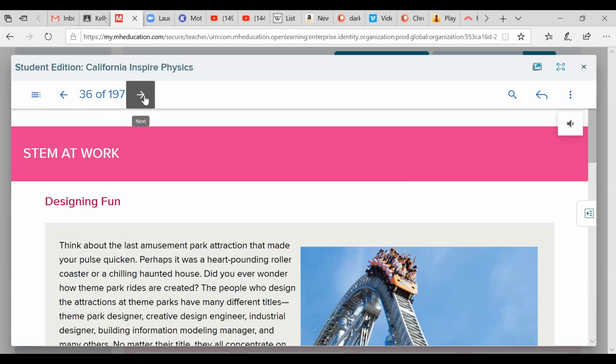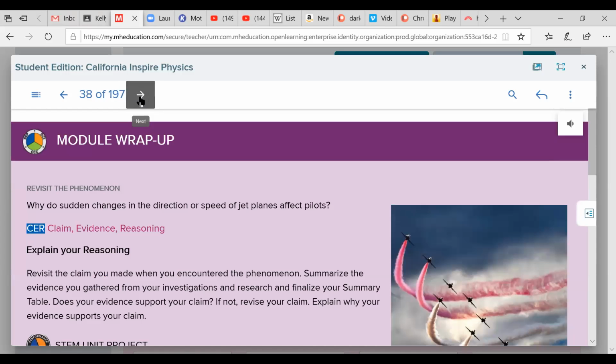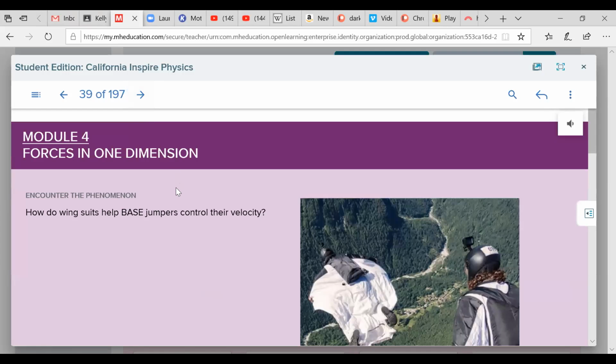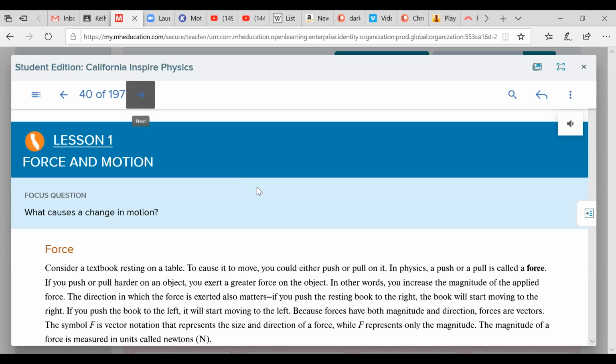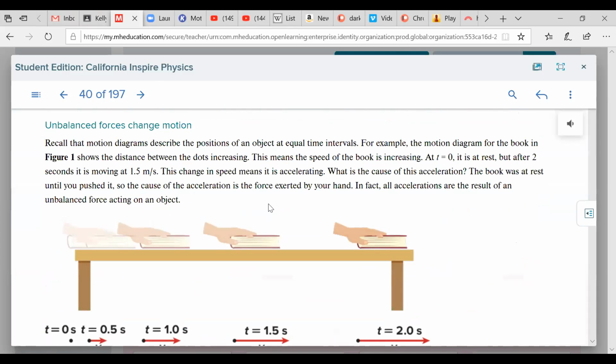So let's take a look at that. Standard work, and roller coasters, wrap up. And module 4, forces. We'll be doing balanced and unbalanced forces, force and motion. What is a force? We'll develop our understanding of that.